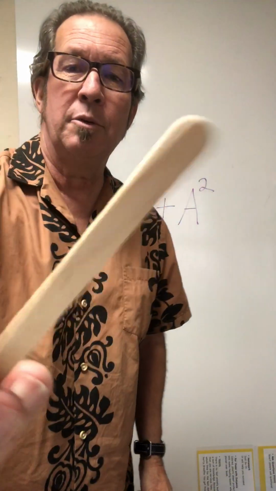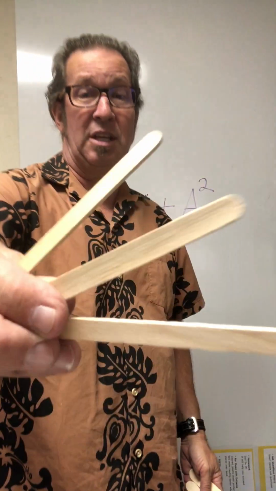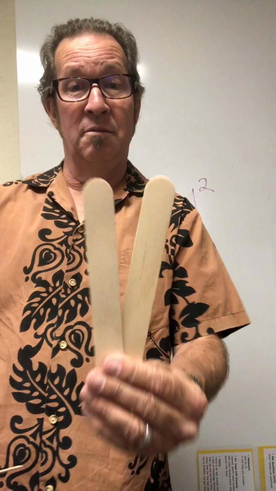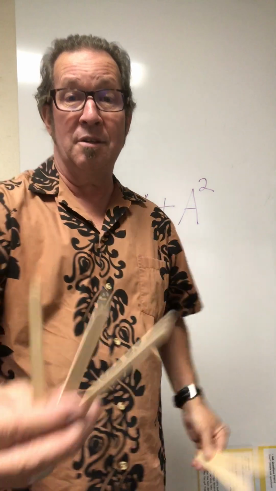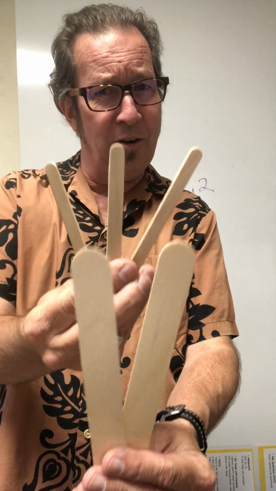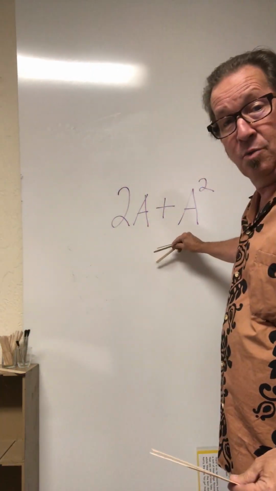Would you agree those are like popsicle sticks, right? And then I have something that looks just the same. But are these really popsicle sticks? Oh, look at that. They're a little bit different, aren't they? So we'd say they look the same, like a and a squared.